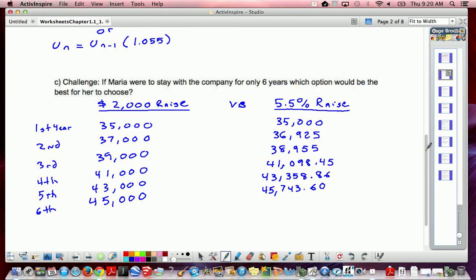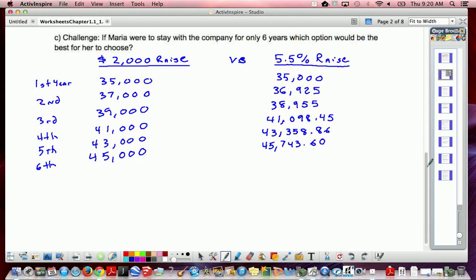So now, if we just do some comparisons, in the first 3 years, the $2,000 raise is better than the 5.5% raise. But in the fourth, the fifth, and sixth year, that 5.5% raise becomes better.